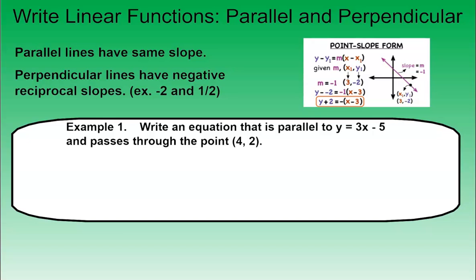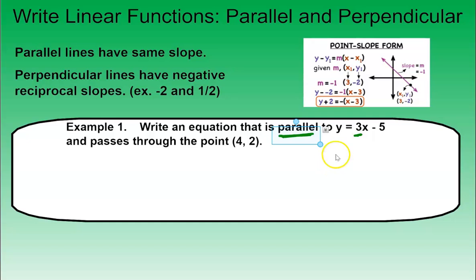So in example 1, we want to write an equation that is parallel to the line y equals 3x minus 5, and it passes through the point (4, 2). Since this is parallel, I need to use the same slope, and the slope here is 3.